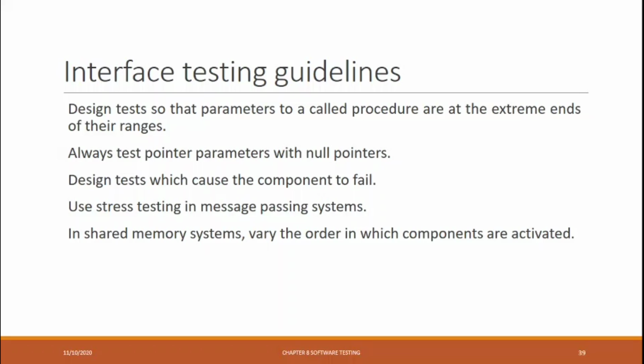Because of that misunderstanding, the interface is sent to some other component, and the actual component for which it is required won't be available. That should not happen, so it has to be taken care of in the guidelines of interface testing.